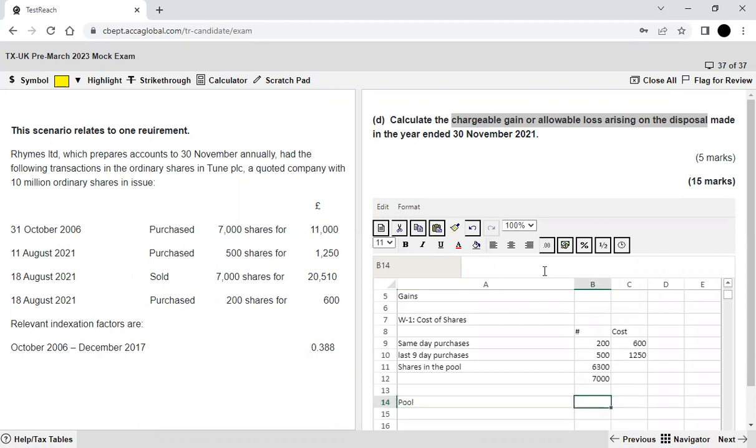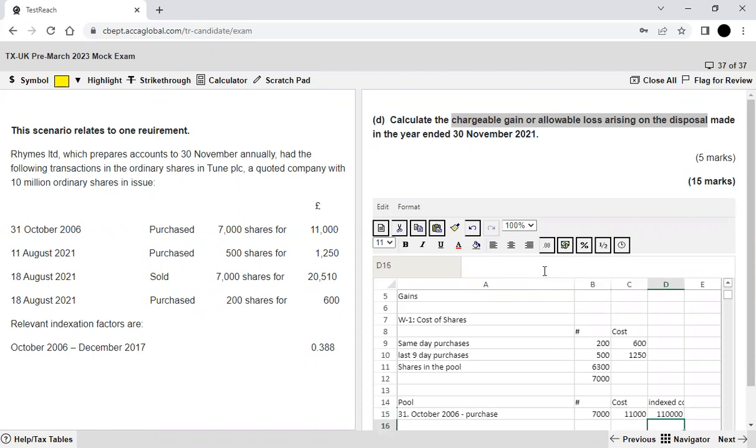In the pool, number of shares, cost, in the pool on 31st October 2006, there is a purchase of 7,000 shares at a cost of 11,000.